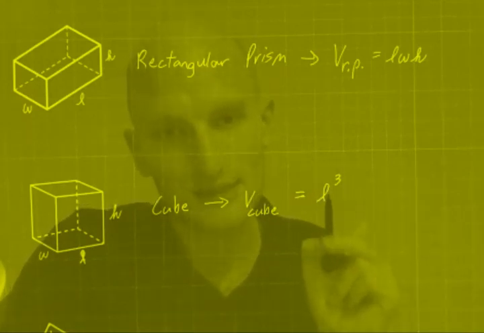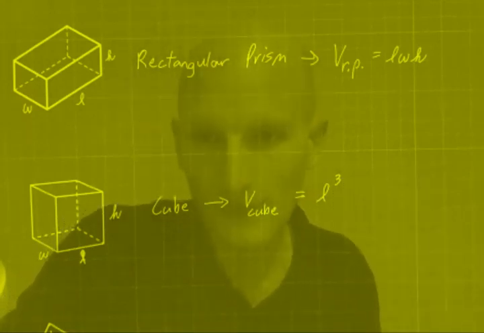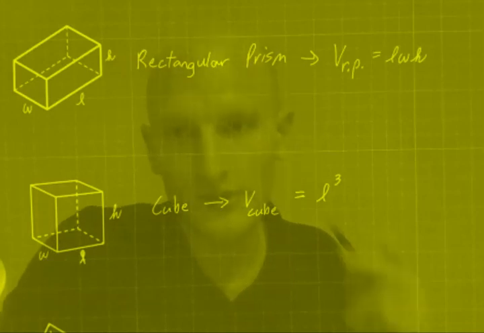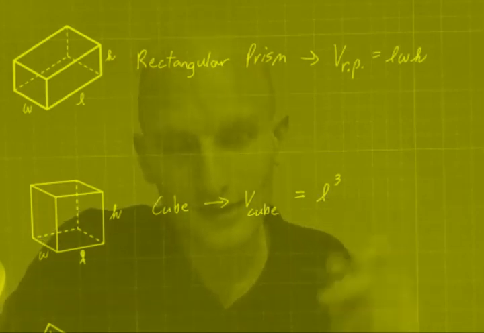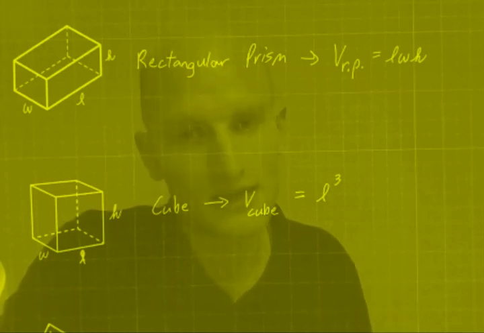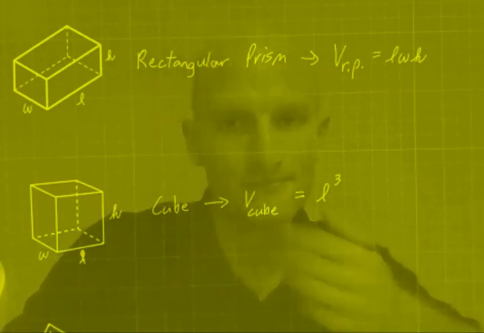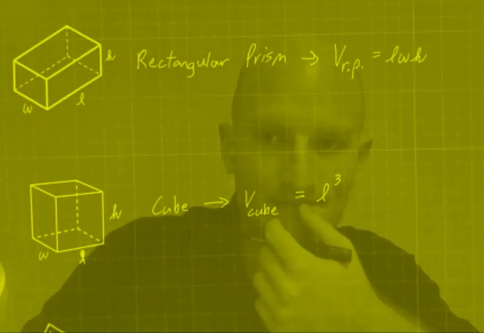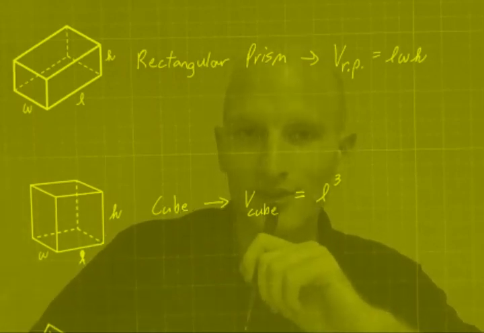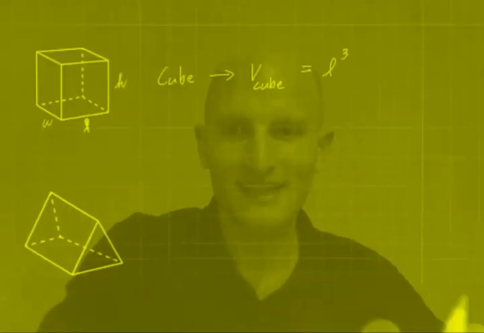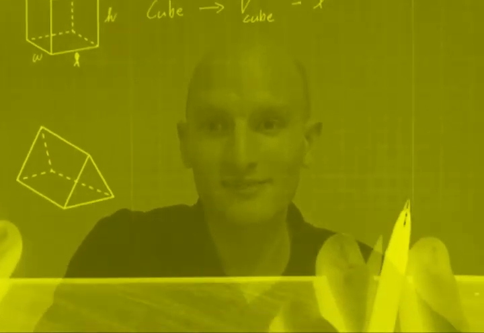So if we have, say, a 5, 5 times 5 is 25, times 5 is 125, say centimeters cubed, if it's centimeters. What else do I need to say about that? Nothing.